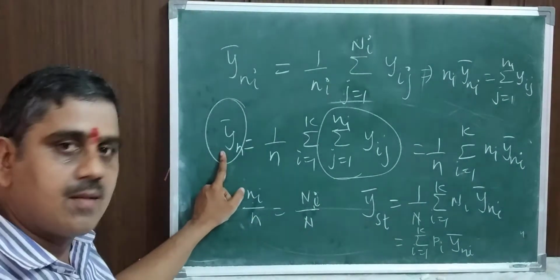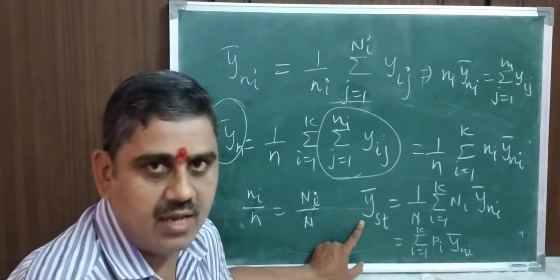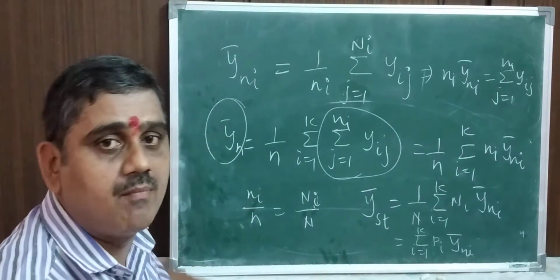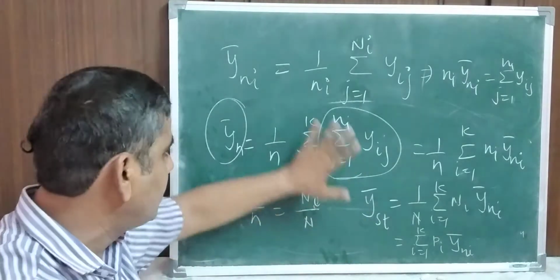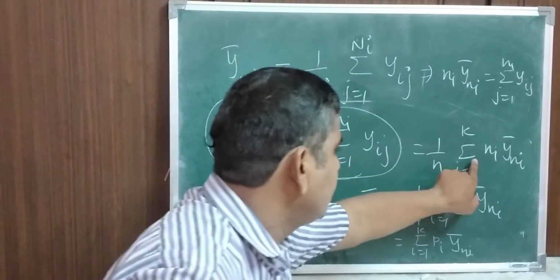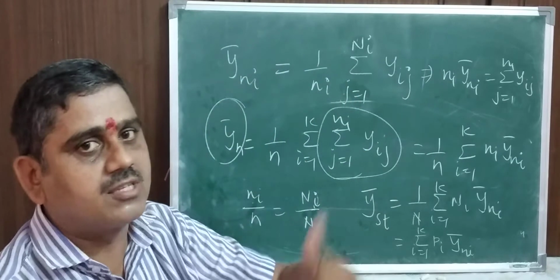So this is the stratified random sample, y bar n. This is also the stratified random sample mean, the mean of the stratified random sample. So these two are means of the stratified random sample. Whenever you get a double summation, of course, the single summation i is equal to 1 to k Ni y bar ni also involves two summations.